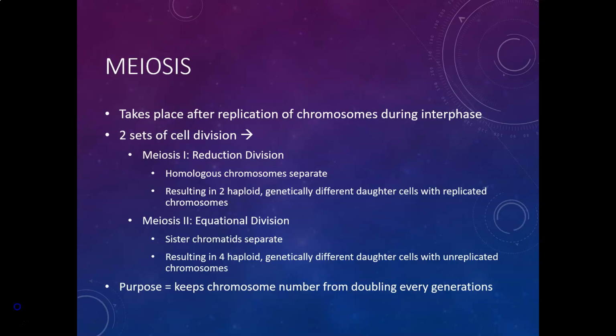Meiosis 2 then takes that duplicated chromosome and splits the sister chromatids and results in 4 haploid cells that are now genetically different on every level. They no longer have the replicated chromosomes either at this point.